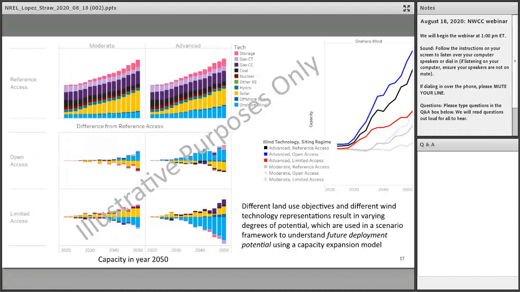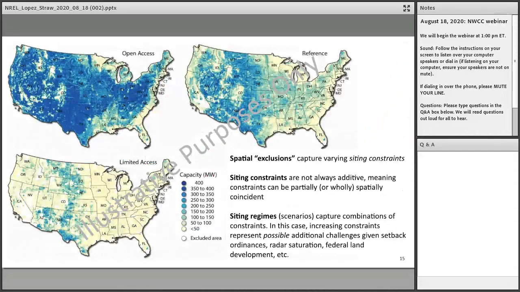So the next question is about slide 15. The question is, the highest megawatt areas of the limited map on slide 15 did not overlap well with existing build-out. Why is that? Well, that's a great question. And again, illustrative purposes only. In this case, what we were trying to tease out was a scenario in which we had extreme setbacks from civil infrastructure and people's houses.